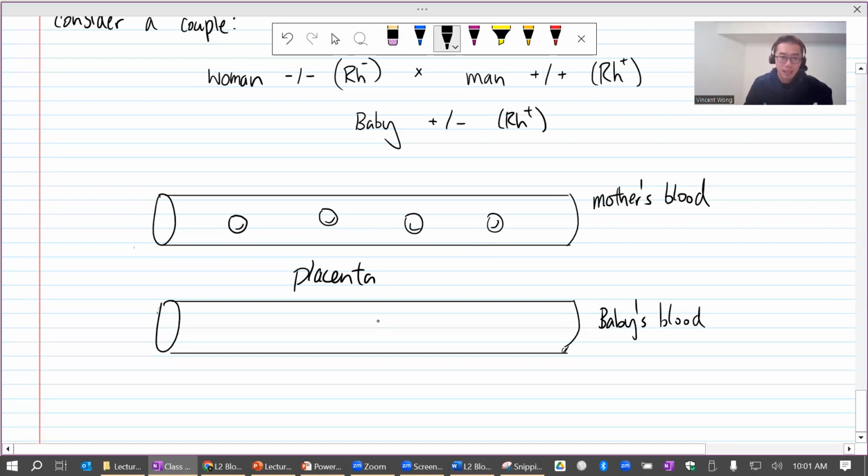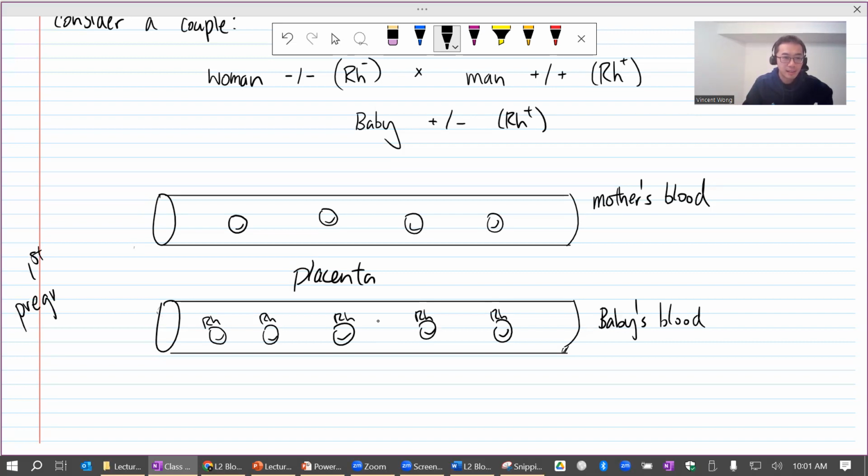Let's draw the baby's blood. Because of the positive from the father, the baby is going to express Rh. And this is going to be the first pregnancy.